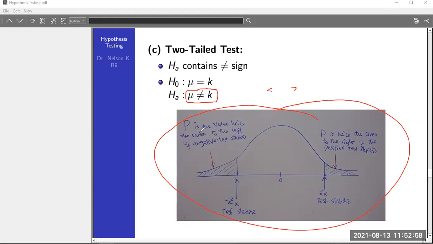The p-value is twice the area to the left of the test statistic, or twice the area to the right of the positive test statistic. This is what we call the test statistic. We are going to see how to compute the test statistics for different scenarios.